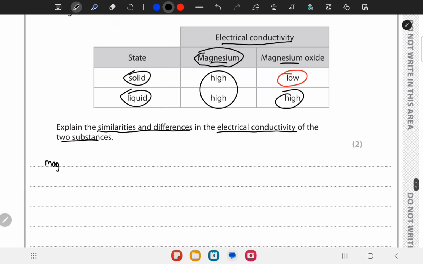So magnesium has delocalized electrons both when it's solid and liquid.